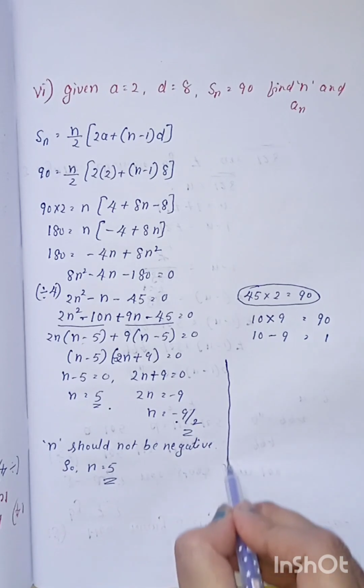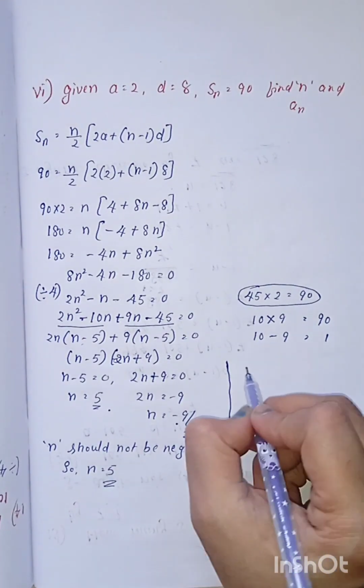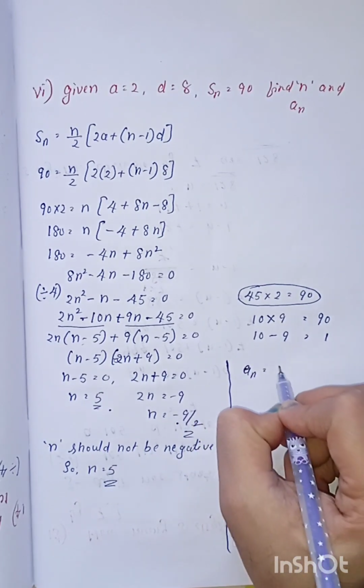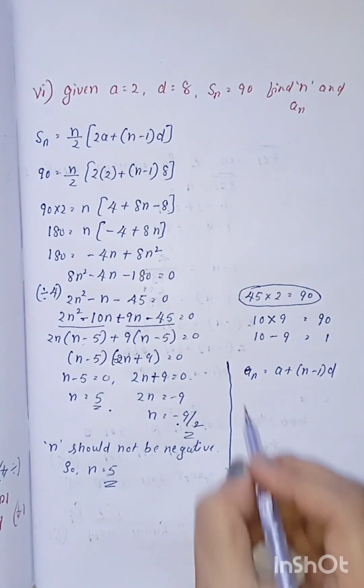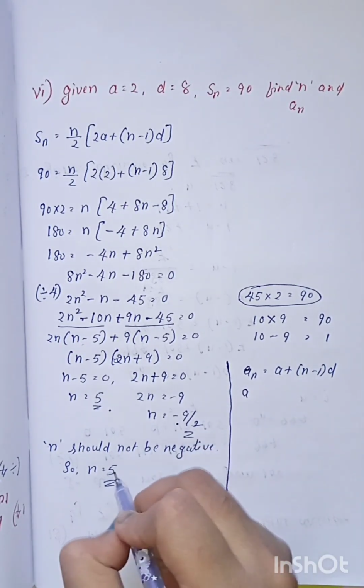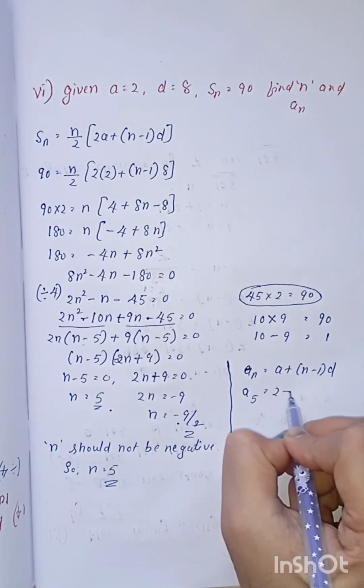Now with the help of this, let's calculate what an means. an equals a plus n minus 1 into d. n means just we got 5, and a means it is given 2.